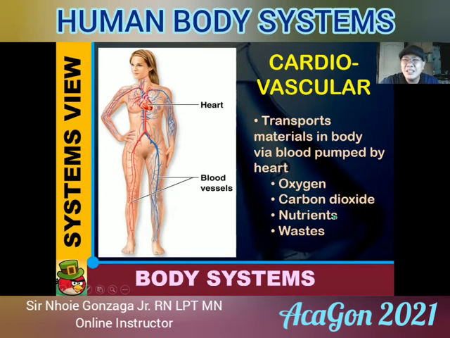And what is carried from the body towards the heart so that it can be cleansed? It's the dirt and the waste. This is how the cardiovascular system works. So primarily, the cardiovascular system is the heart and the blood vessels, or in short, the study of the heart and the blood.